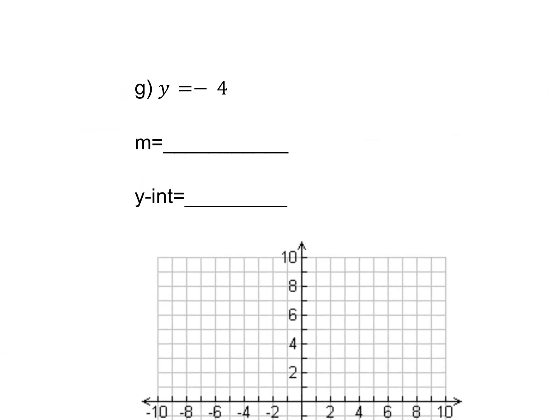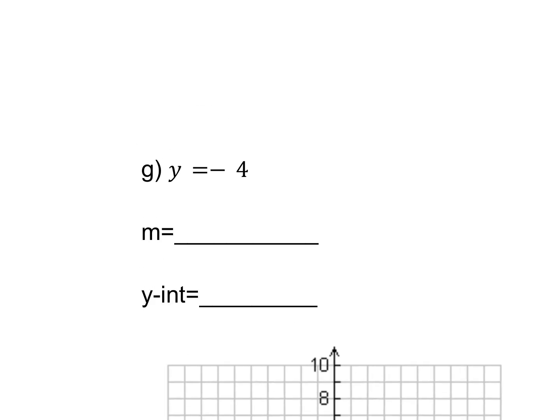So this one, y equals. So if you notice, we're missing on the slope-intercept form, we're missing this whole term right here, right? We have nothing there. And remember, whenever you have two letters next to each other, they're being multiplied. So what can I multiply x by to get it to not exist?